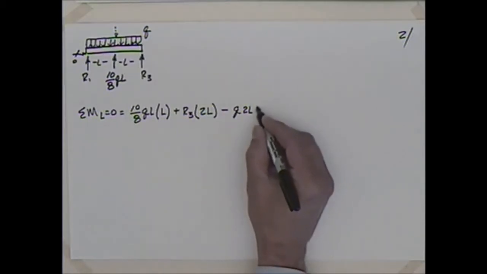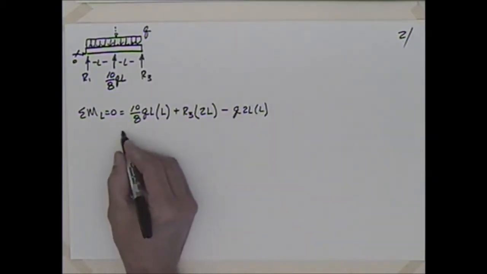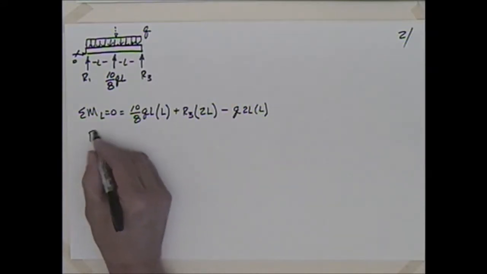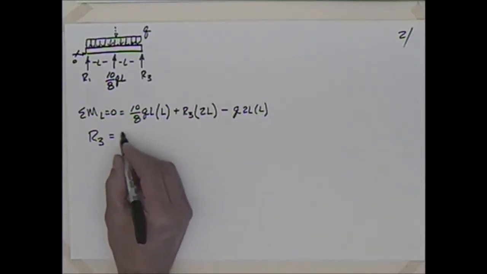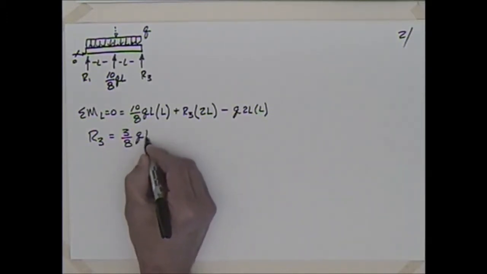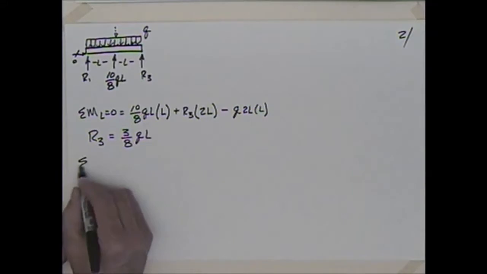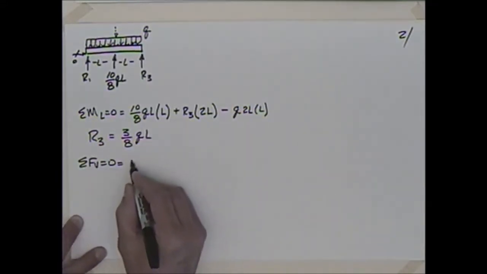So that will be L. So when you solve this then for R3, R3 turns out to be equal to 3/8 QL. And you go through the math and all the smoke clears on the thing. 3/8 QL.